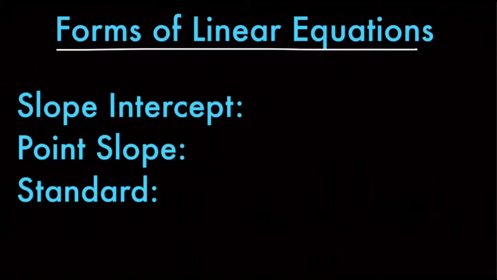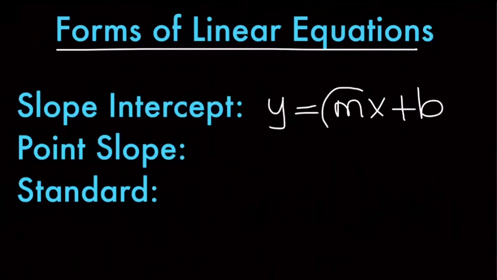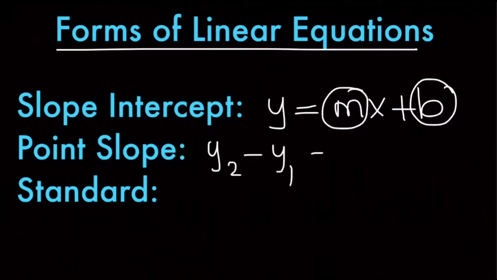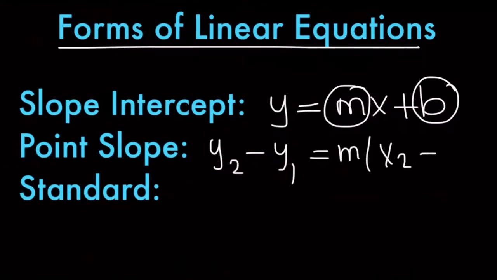The slope-intercept is the y equals mx plus b equation that we talked a lot about. This is super useful because it directly gives you the slope of the equation and the y-intercept of the equation. The point slope formula is useful when, so let's write it first, y2 minus y1 equals m times x2 minus x1.